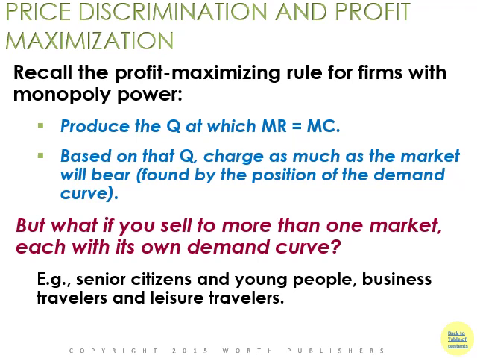Examples of price discrimination are when senior citizens are given lower prices for movie tickets and so on, or leisure travelers are given lower prices for airline tickets.